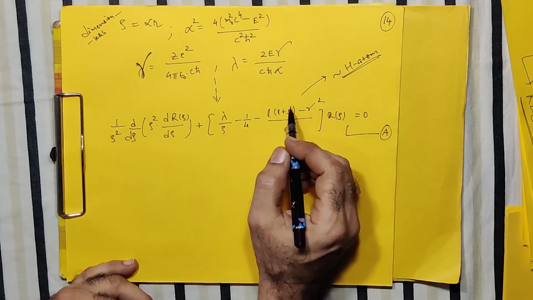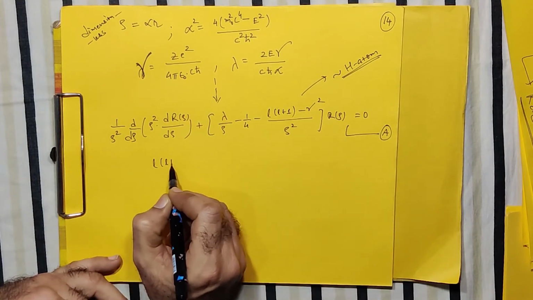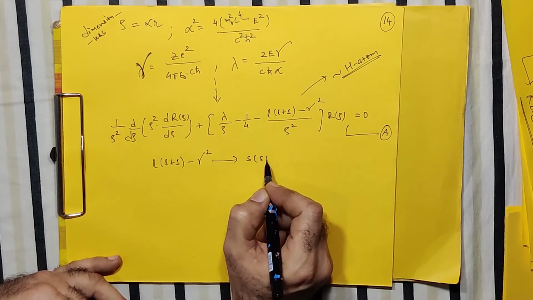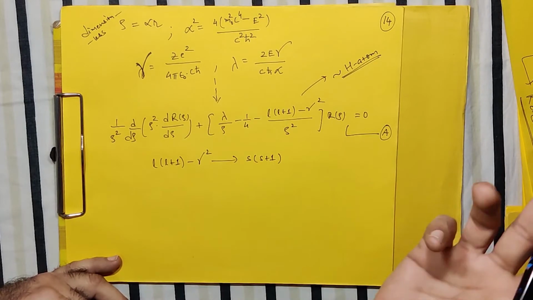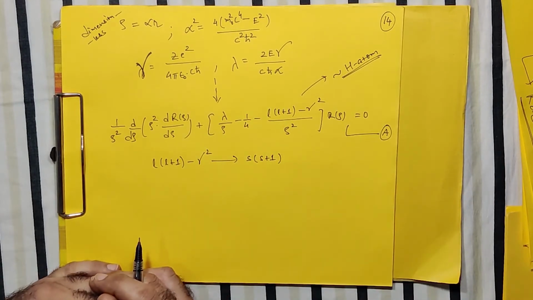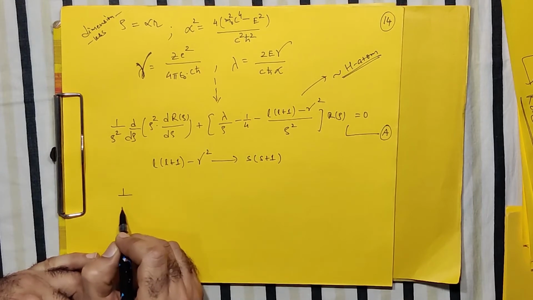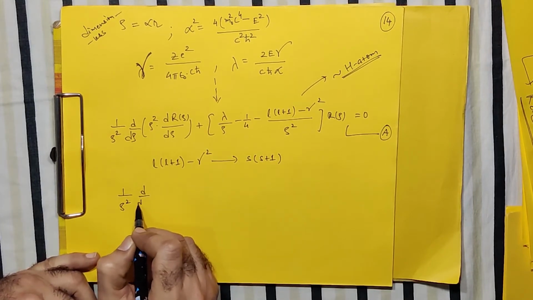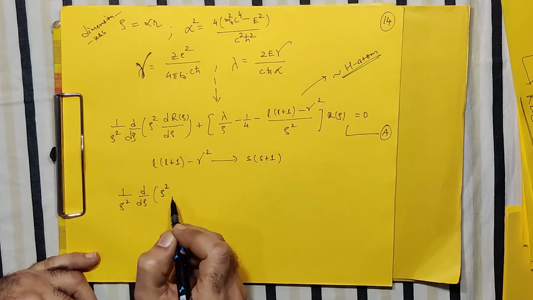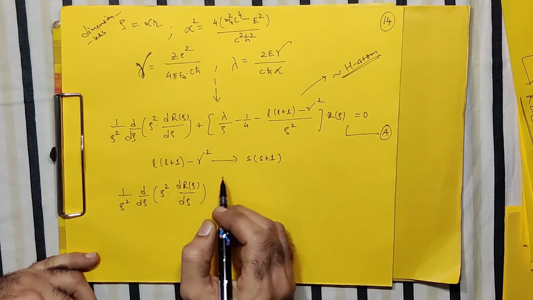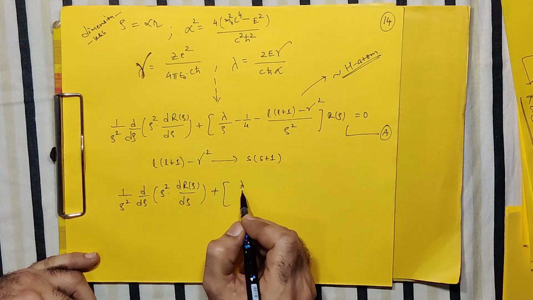What I do now, instead of that, say L into L plus 1 minus gamma square, I may call it as S into S plus 1. So that it looks like our same case. So this substitution will actually give me exactly, mathematically, the same equation which we have obtained for hydrogen atom under the non-relativistic case.